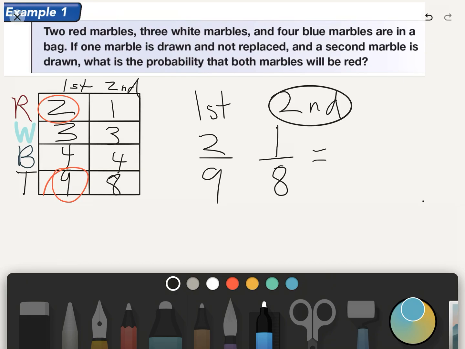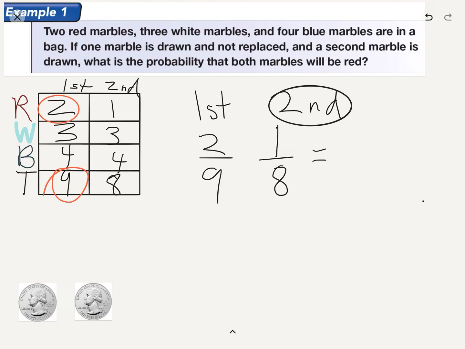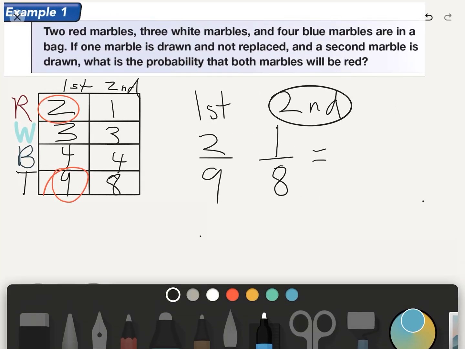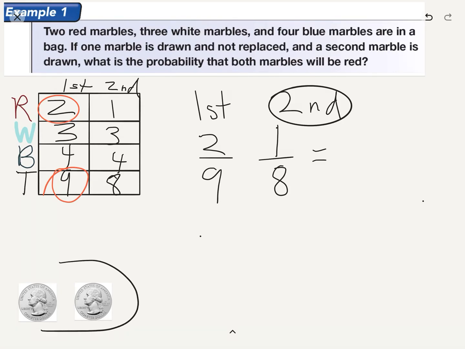So just as a little review, I stashed these guys down here just so they wouldn't confuse. This is not part of this problem, but remember, say you were trying to flip 2 heads in a row with coins.